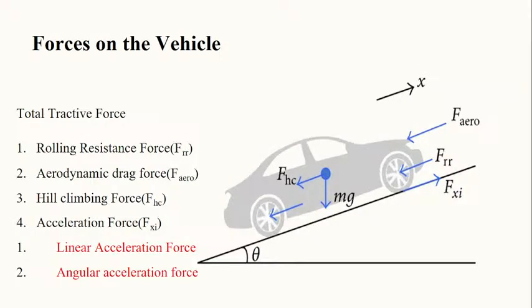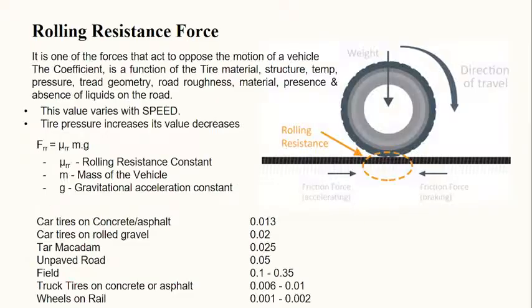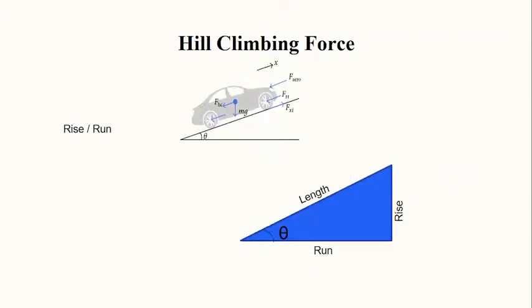Here we are showing some forces on the EV. What types of forces occur in the EV? Rolling resistance force, aerodynamic force, hill climbing force, and acceleration force. You can check that.